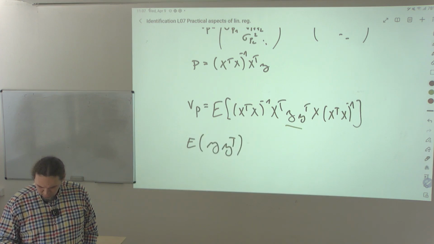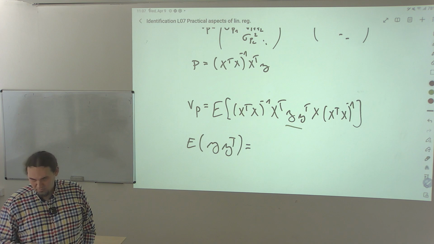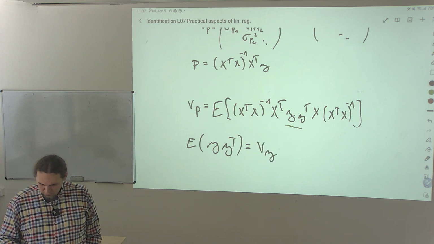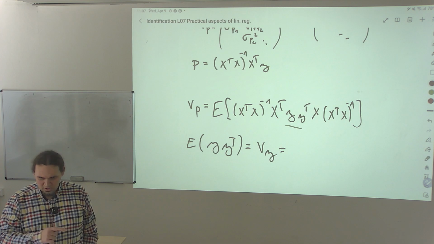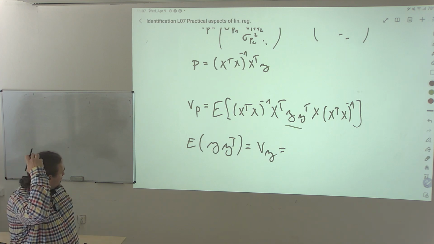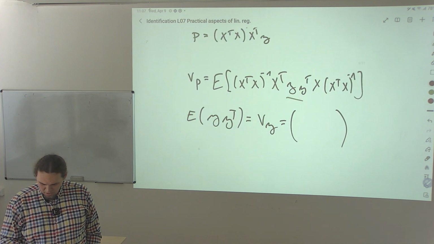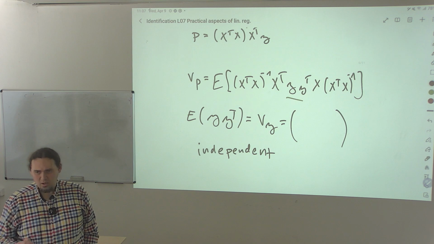What we just got here, y y transpose, is nothing else than some covariance matrix of our data, which would mean, if our data are independent, what does it mean?